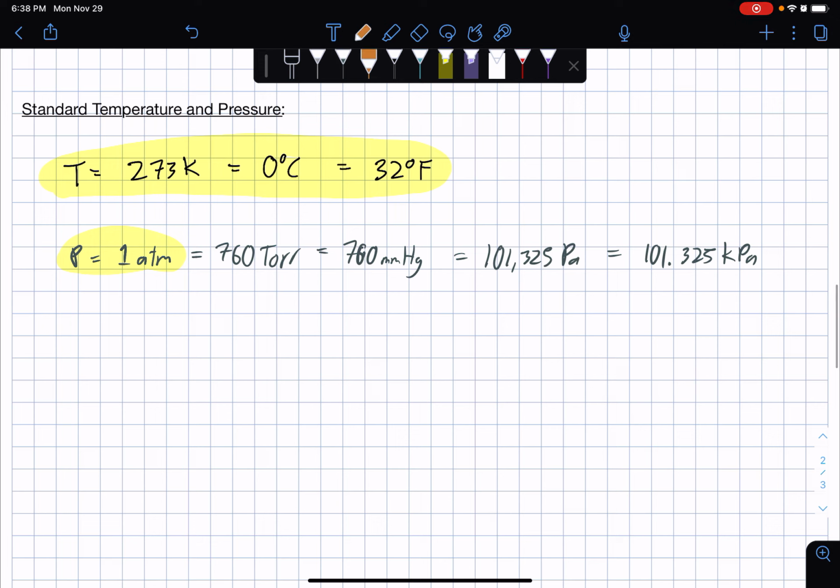Just have to note, the most important thing to know here is that the standard pressure is 1 atmosphere, and the standard temperature is 273 Kelvin, 0 degrees Celsius, and 32 degrees Fahrenheit. All of these values are equal to one another.